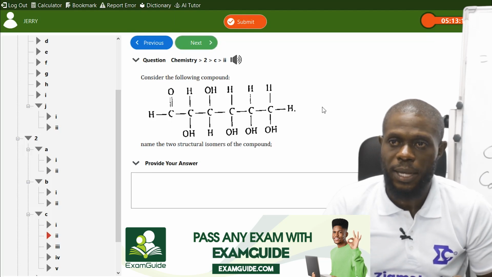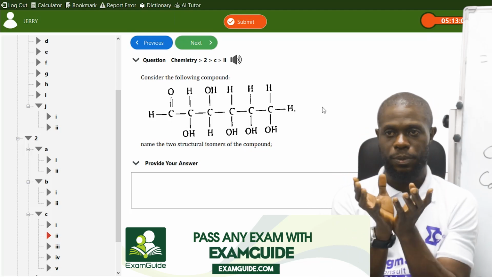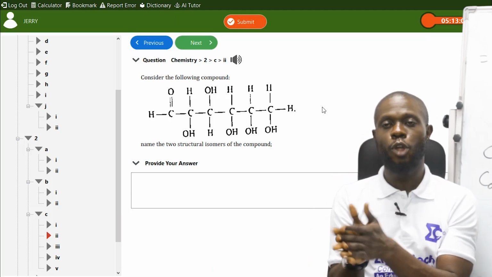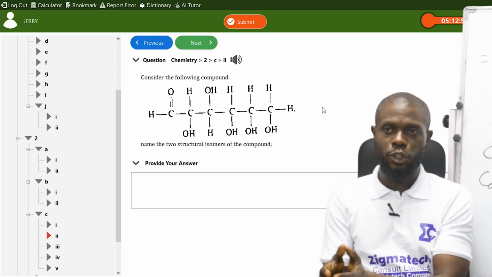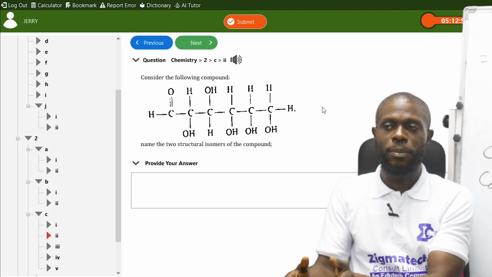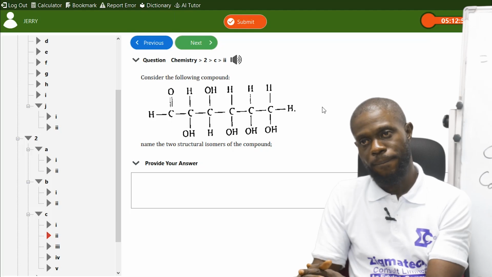Now, name two structural isomers. The structural isomers are coming from the same group. So which group does this compound belong to? This glucose belongs to monosaccharide. The isomers are compounds of the same molecular formula.